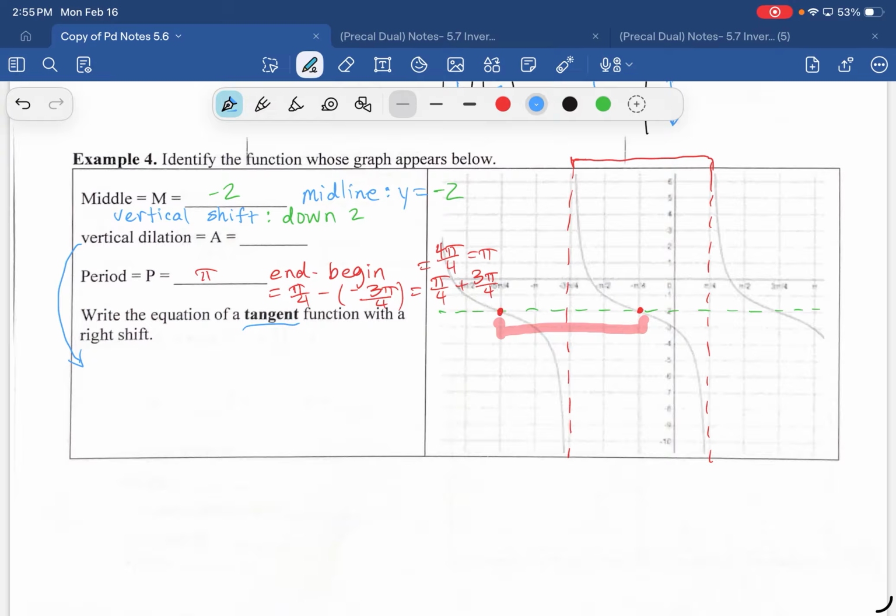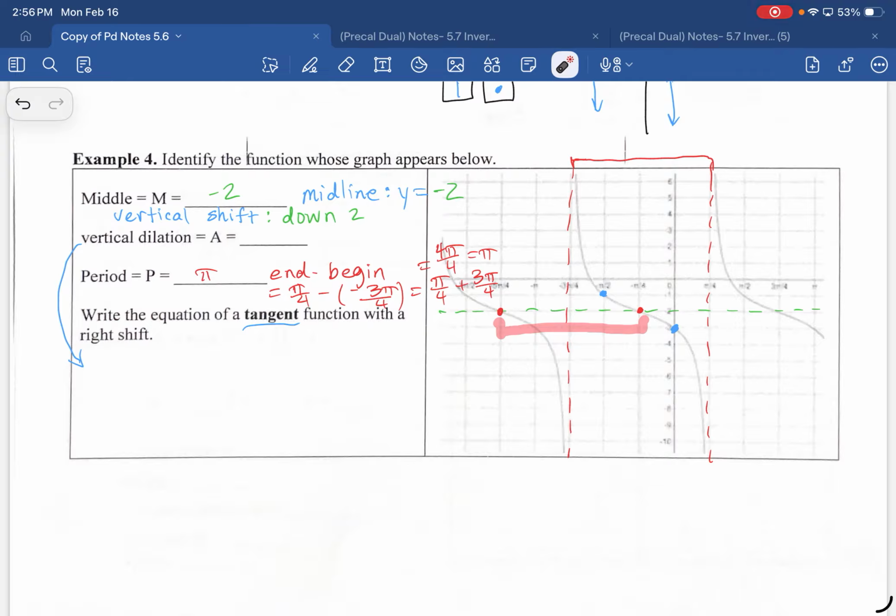We haven't found B yet. The period and B are related, but they are not the same. For sine, cosine, secant, and cosecant, the formula is period equals 2 pi over absolute value of B. For tangent and cotangent, the formula is period equals pi over absolute value of B. Here, I don't need the absolute value because I'm writing the equation.